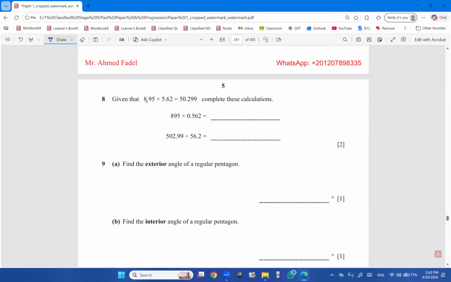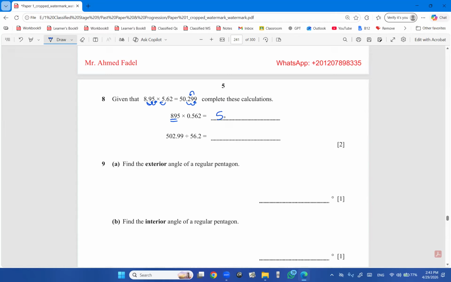I moved the decimal point to the right once, and after that twice, to become a whole number, the 895. But then this one, I moved it once to the left. So as if you're saying, I moved the answer twice to the right, like what happened over here, but then I got it back once left.